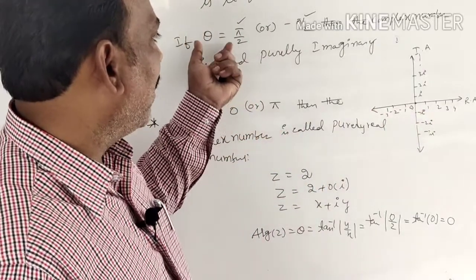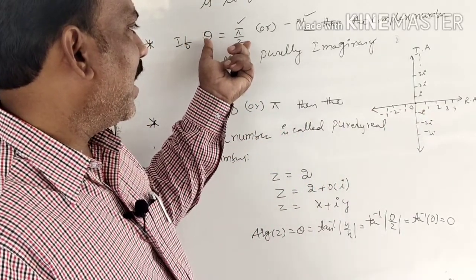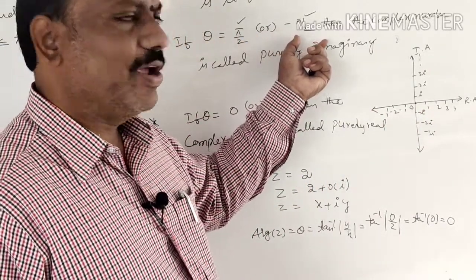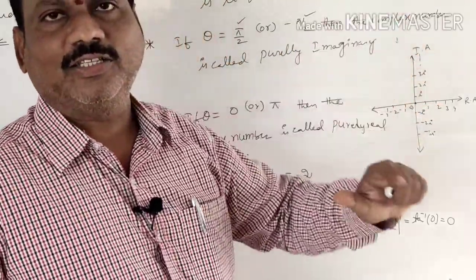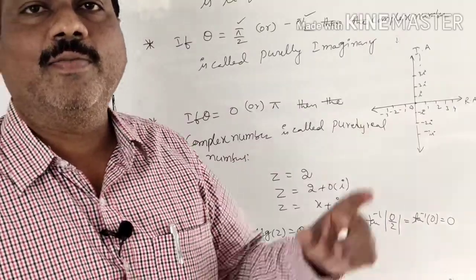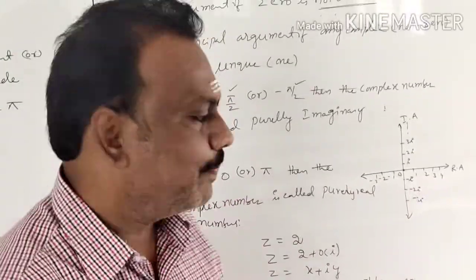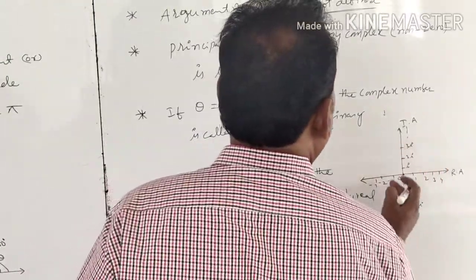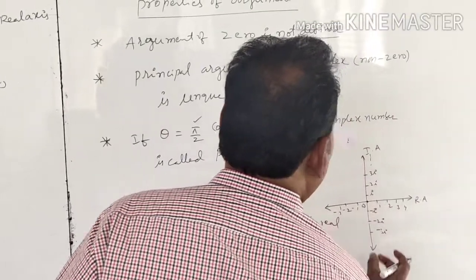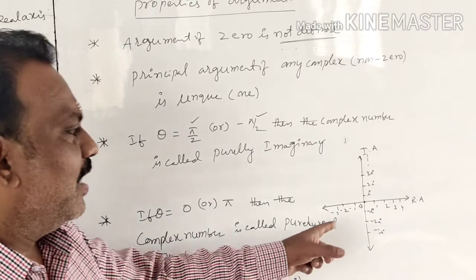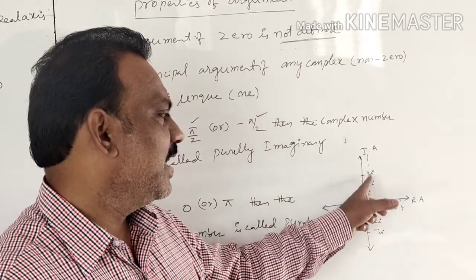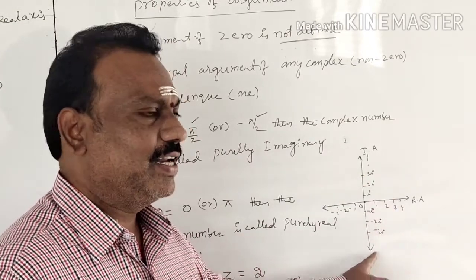If the argument theta of the complex number is equal to pi by 2 or minus pi by 2, they lie on the imaginary axis. Those are called purely imaginary numbers. Understood, students? I told you the formulas between the quadrants. If they lie on the axes, you can straight away write z equal to i, 2i, 3i, minus i, minus 2i, minus 3i.